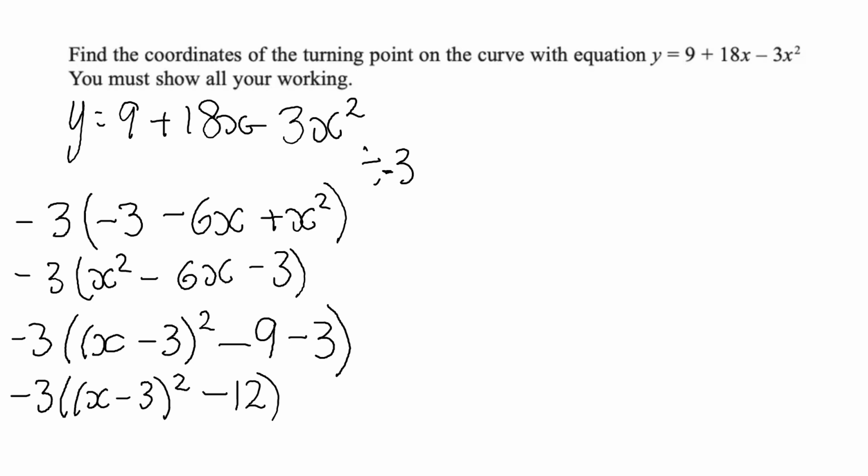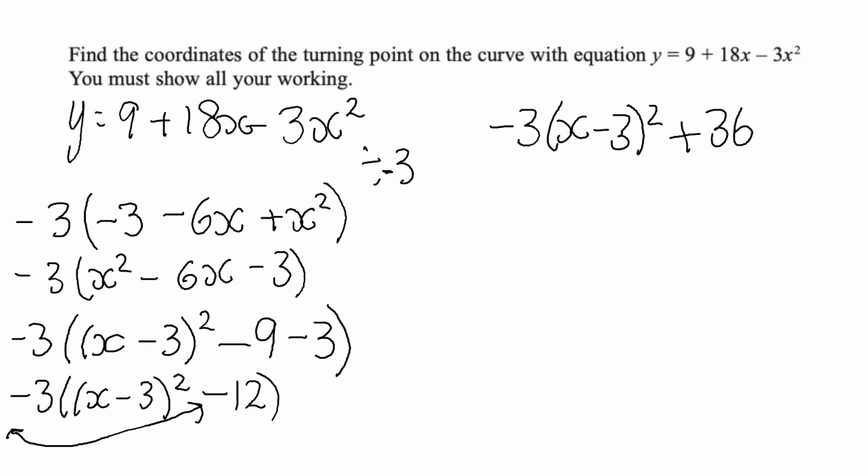So we're going to have negative 3 outside of our x minus 3 squared bracket. And then we are going to take the negative 12 and times it by the negative 3 so that we get rid of the double set of brackets. So when we multiply negative 3 by negative 12, you're going to get positive 36. That is the square completed.